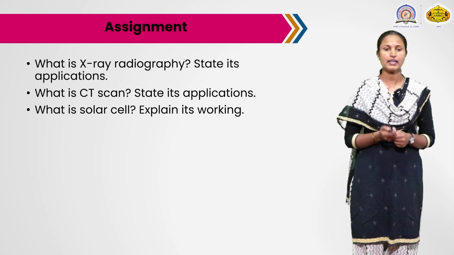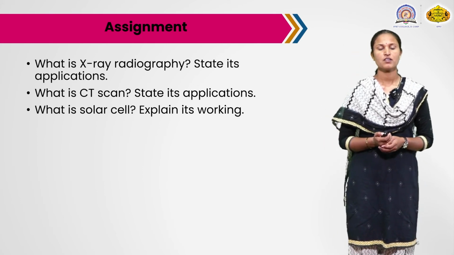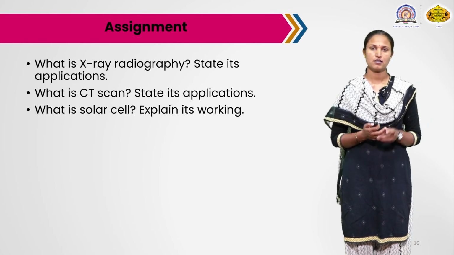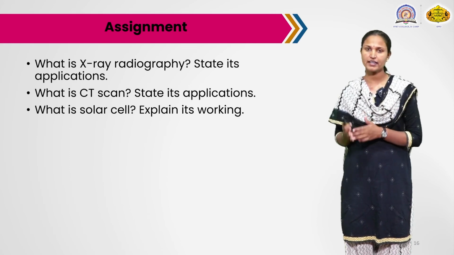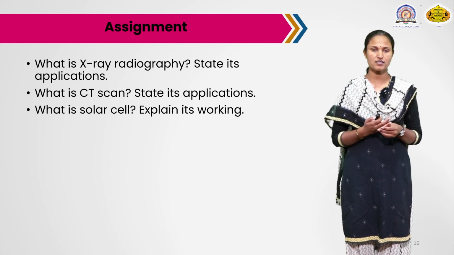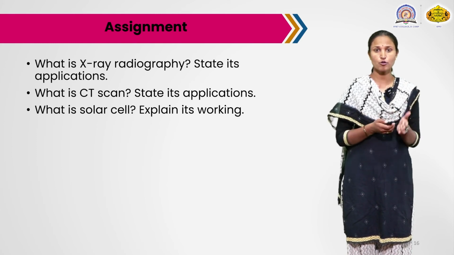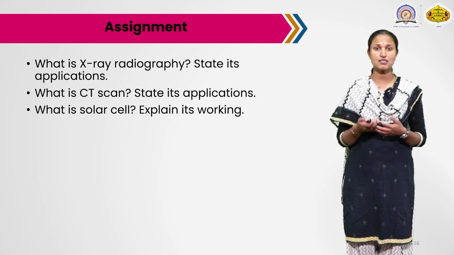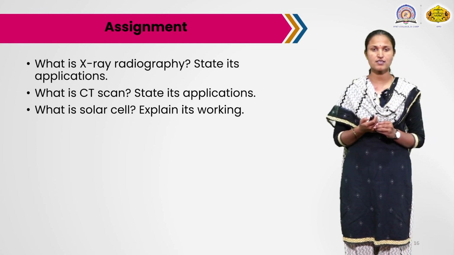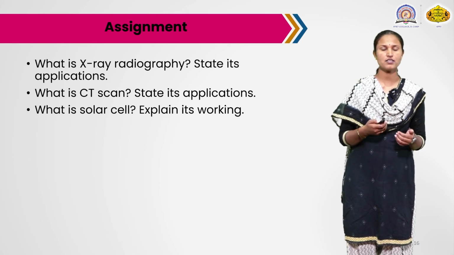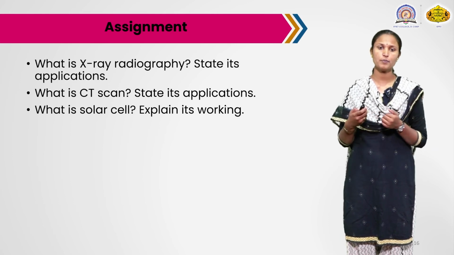Next question: what is a solar cell? Explain its working. A solar cell converts solar energy to electric energy. And solar energy has many applications. First is photosynthesis. Photosynthesis is the most common application of solar energy. Solar energy is converted through the photosynthesis process into food for plants.